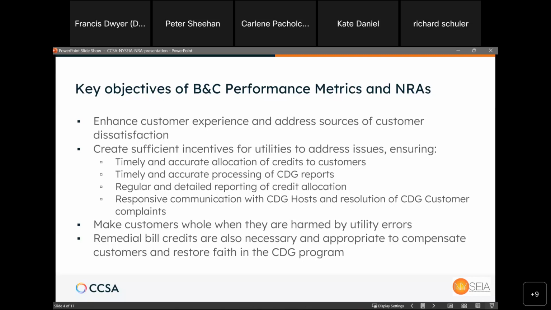But in addition, it's important that customers that have had negative experiences should be compensated with remedial bill credits to demonstrate the importance of customer service and make sure that there is ongoing faith, and restore any lost faith, in the CDG program.